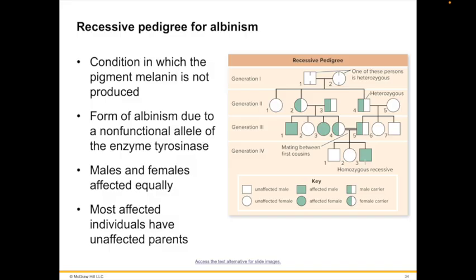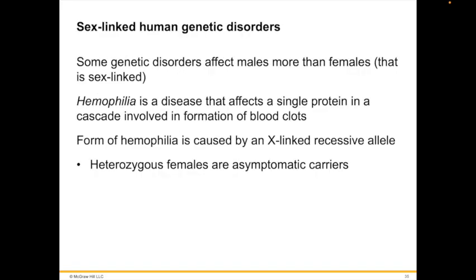From ancient times, people have noted conditions that seem to affect males to a greater degree than females. This is easily explained if the genes responsible are located on the X chromosome. Red-green color blindness is a well-known condition that is more common in males because the gene affected is carried on the X chromosome.